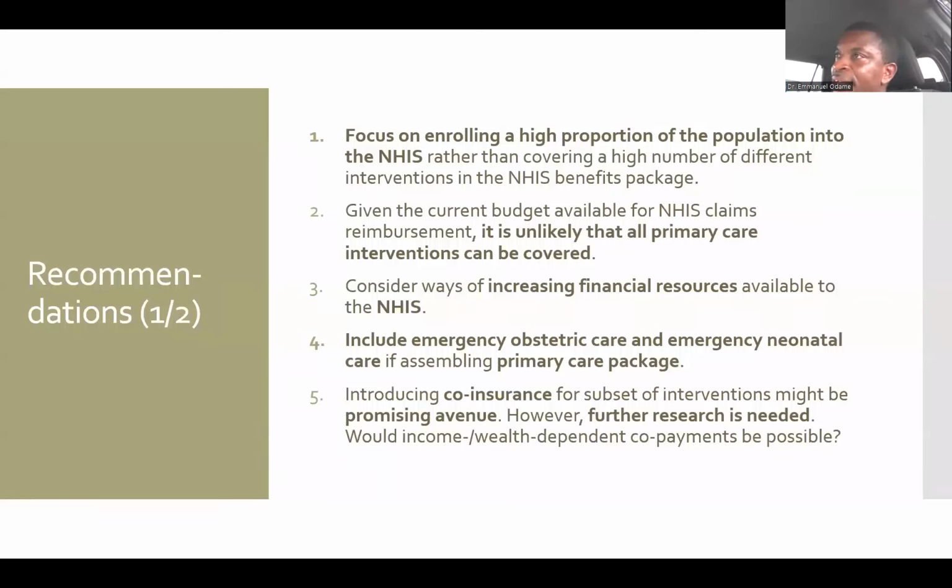And in terms of disease conditions beyond primary health care, we need to focus more on emergency obstetric and emergency neonatal care as part of our primary care package. And look at introducing some co-insurance for some subsets of interventions that offer prospects. However, we will require further research in unpacking a bit more of these things going forward.